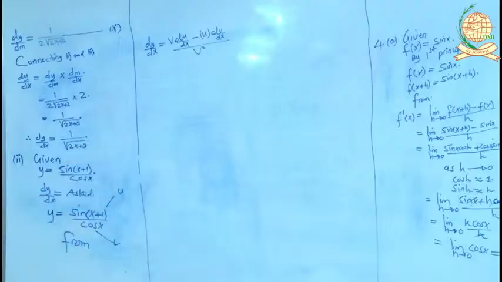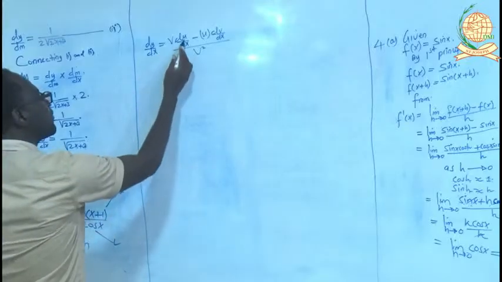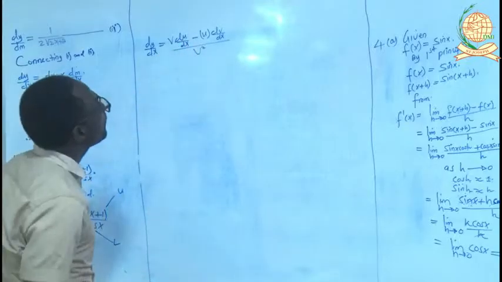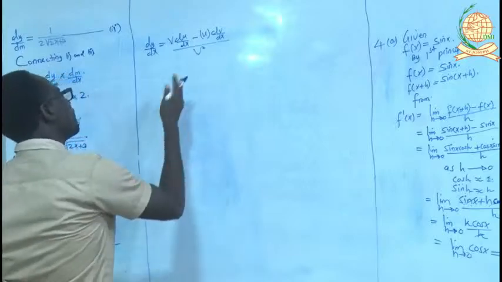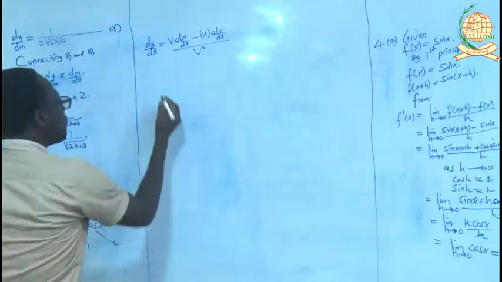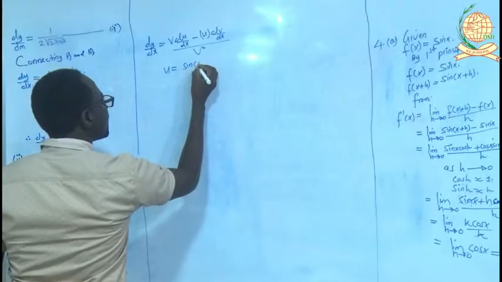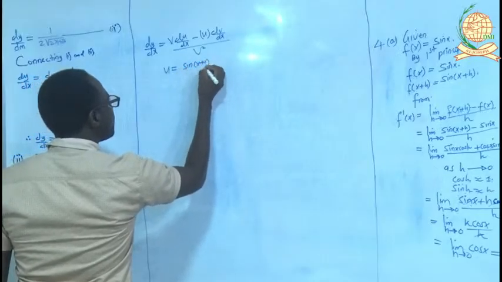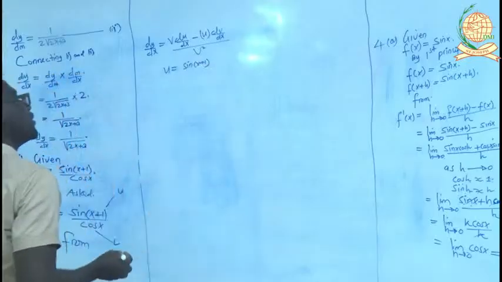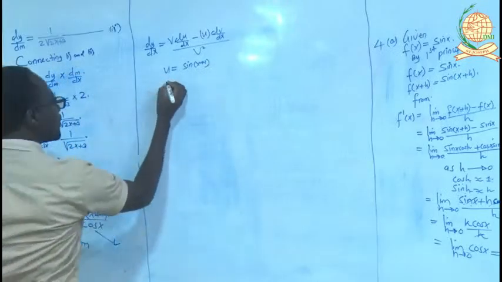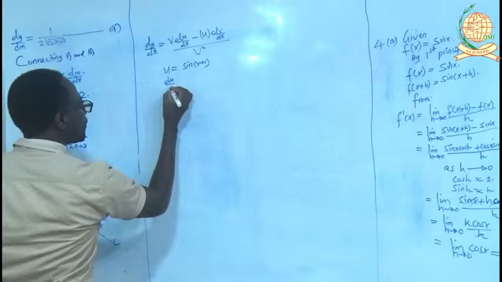This is the formula, quotient rule. Dy over dx is given as v times du dx minus u times dv dx over v squared. Now u is equal to the numerator sine x plus 1. So find du dx, differentiate u with respect to x.